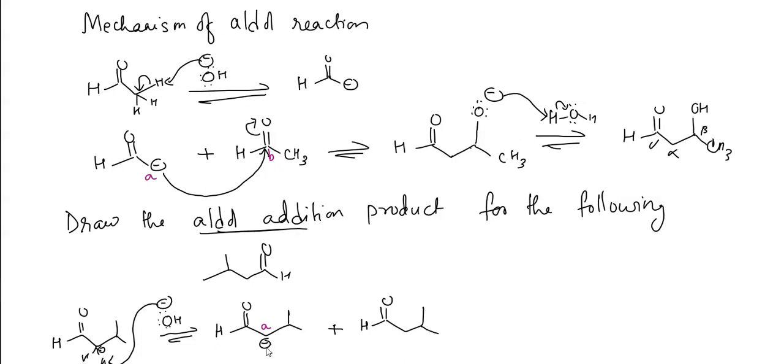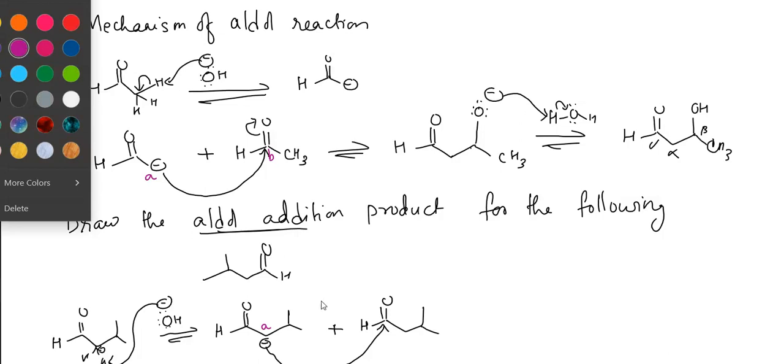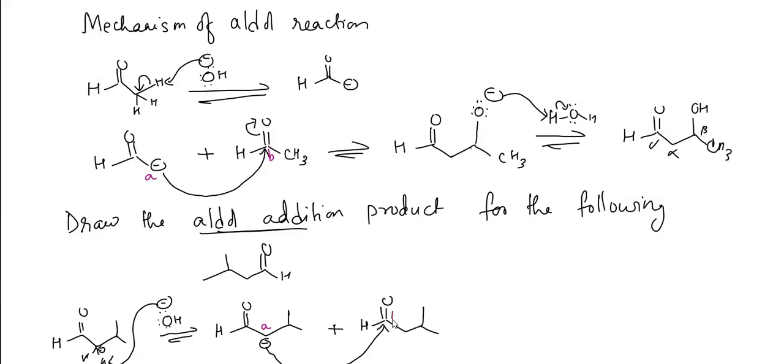So the enolate is going to attack this carbon atom, which I will label as B. So you know that the bond is formed between A and B. That is why it is good to keep track of the carbon atoms and label them.